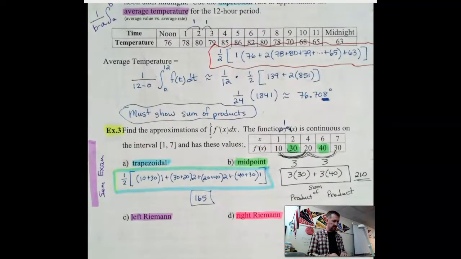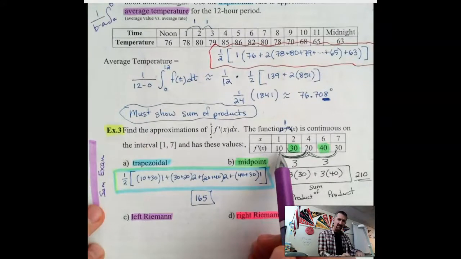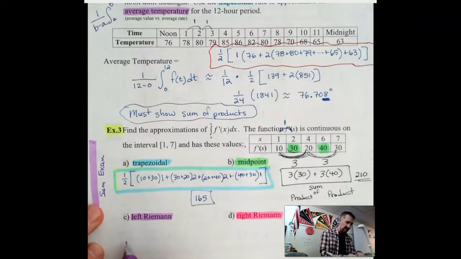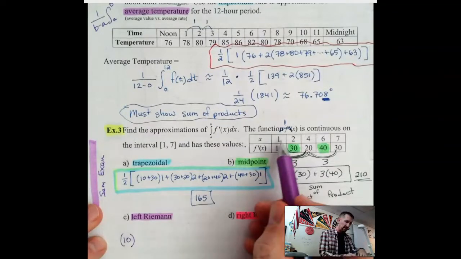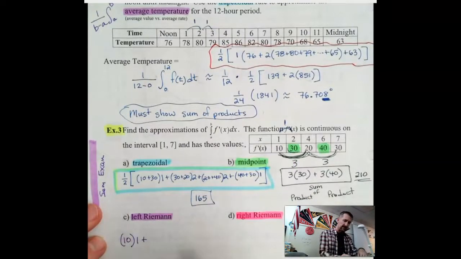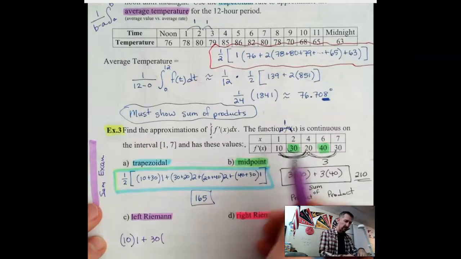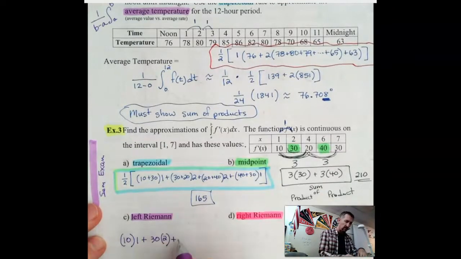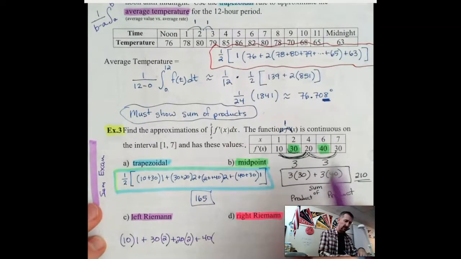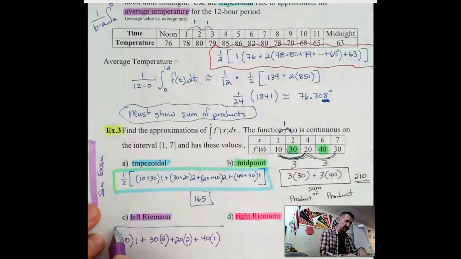Alright, so the left Riemann sum, you're going to start on the left. So you're going to have 10, and you're going to multiply that by the height here, which would be 1. Plus, and then you're going to have 30. Oh, I put the parentheses on that. So this is 1, this is 2. Then you're going to have 20, that's times 2. And then the last one is going to be 40, and that's going to be times 1. And you don't use that last 30.